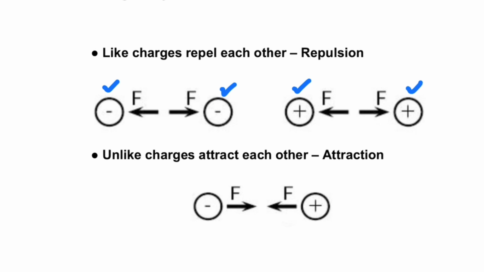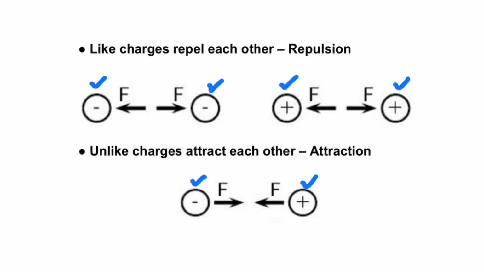They're going to repel each other because they are like charges. Electrons repel electrons and protons repel other protons. While on the other hand, unlike charges attract each other. As you can see in this case, we have an electron and a proton, and they are attracting each other. The electron is pulling the proton towards itself, and the proton is pulling the electron towards itself.